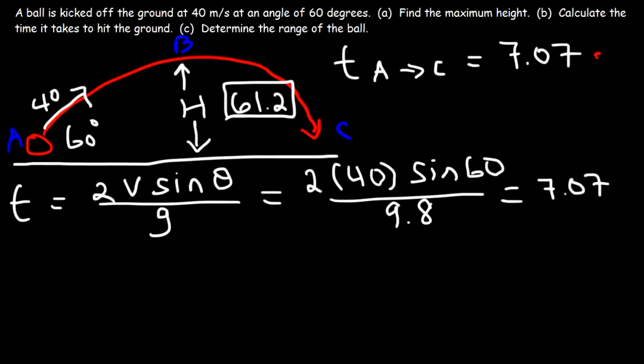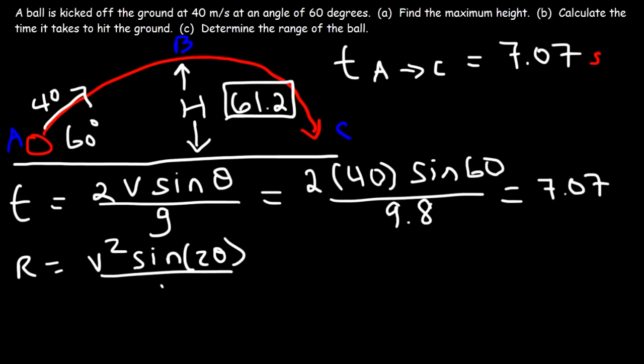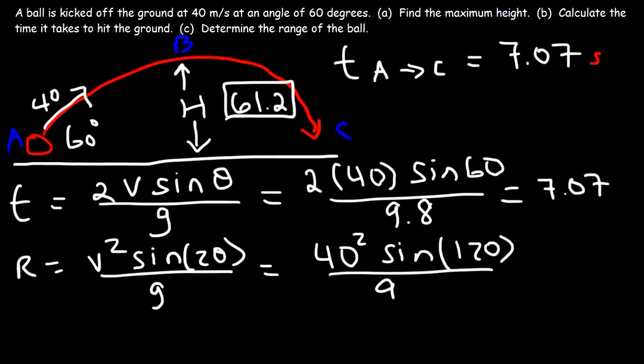Now what about the last part, the range of the ball? We can use this equation. It's v squared sine 2 theta divided by g. So v squared is 40 squared, and theta is 60, so 2 theta is 120, divided by 9.8.